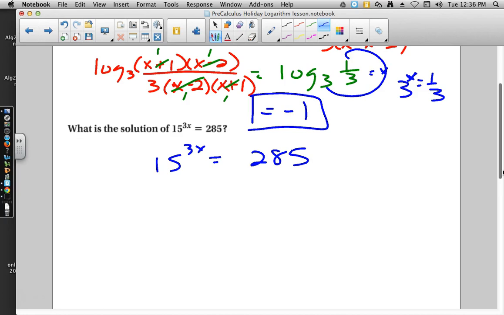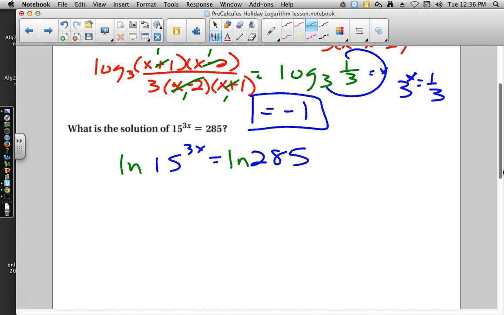That means I need to get rid of that 15 somehow. And from last year, what we would have done was take the logarithm base 15. But now we know that as we're going to calculus, we really should be using natural logarithm whenever possible. So we're going to take the natural logarithm of both sides, and then we're going to see what happens.